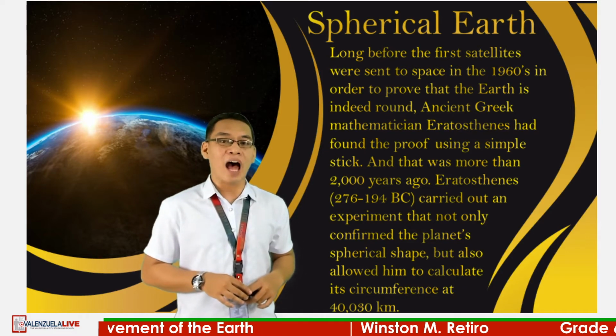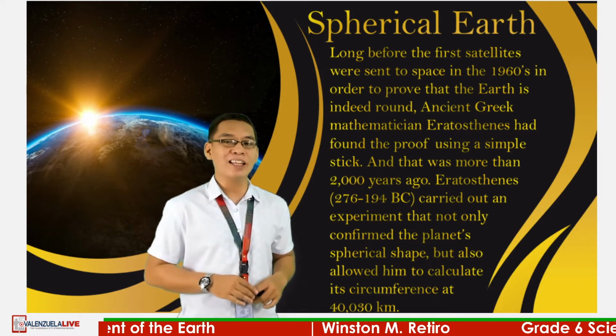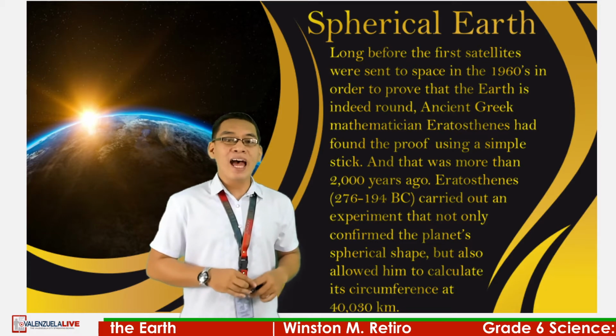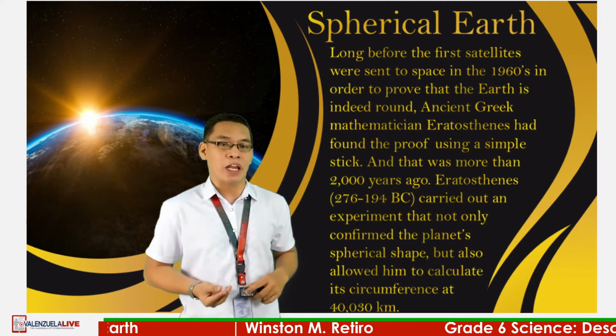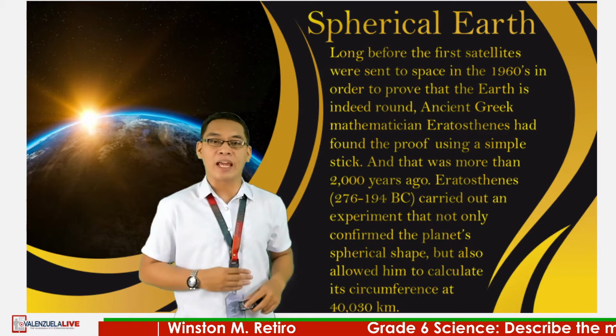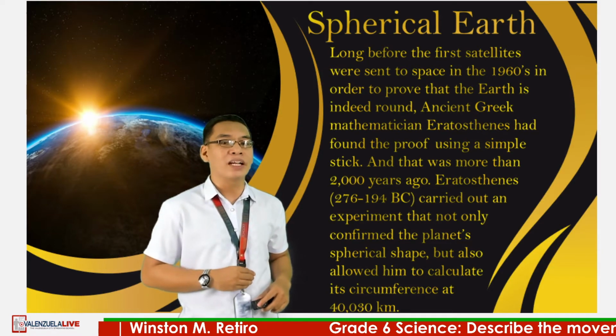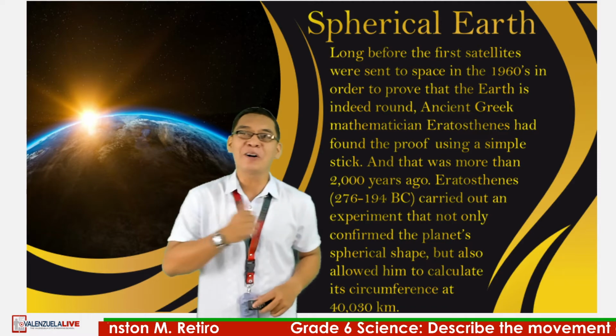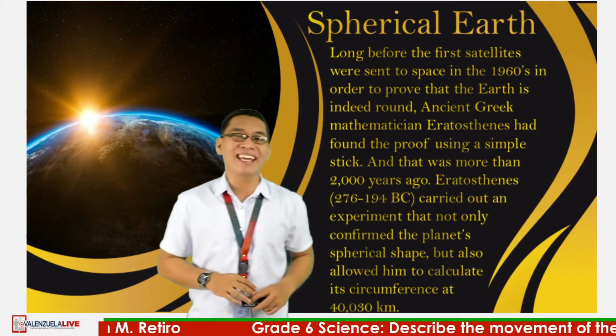Eratosthenes carried out an experiment that not only confirmed the planet's spherical shape, but also allowed him to calculate its circumference at 40,030 kilometers. Oh, what a nice trivia, kids, isn't it?